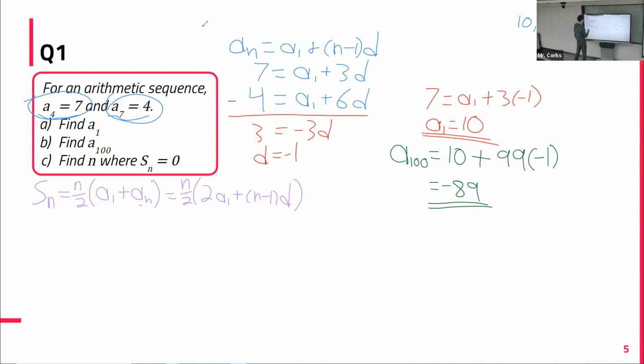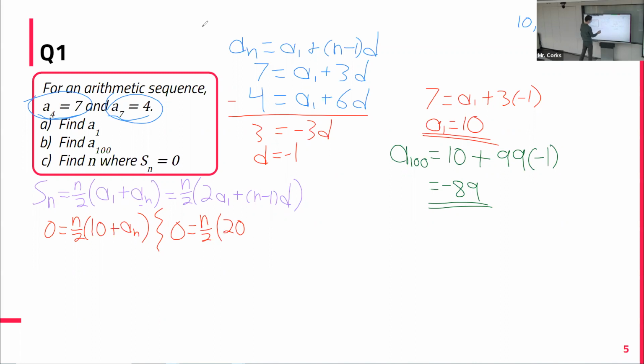So let's just write out what that would be. We would have 0 equals n over 2 times a1, we know, 10, plus an. So we would have one equation with two unknowns, and that's not solvable. On the other side, though, we have 0 equals n over 2 times 2 times a1, so that's 20, plus, let's just combine this.